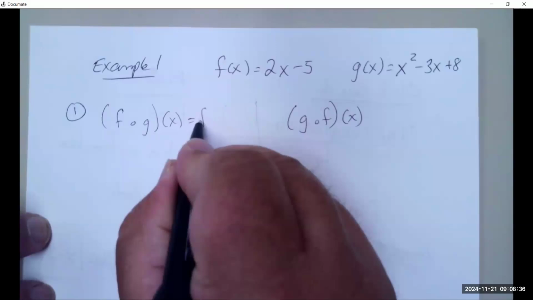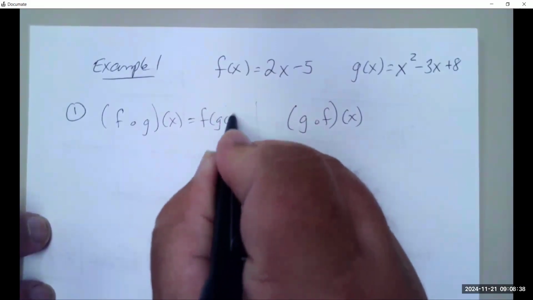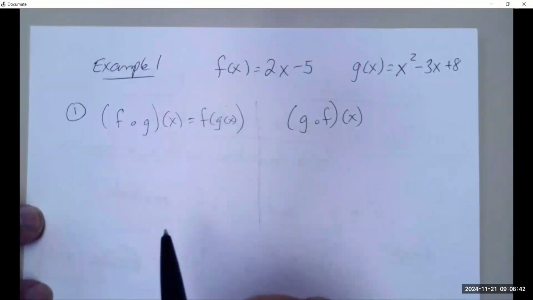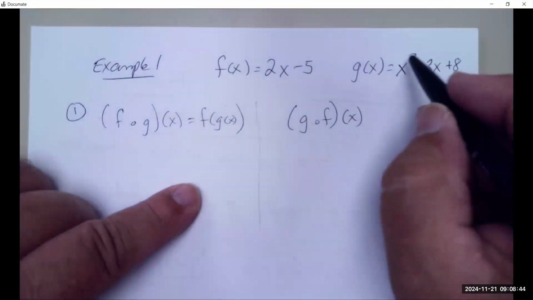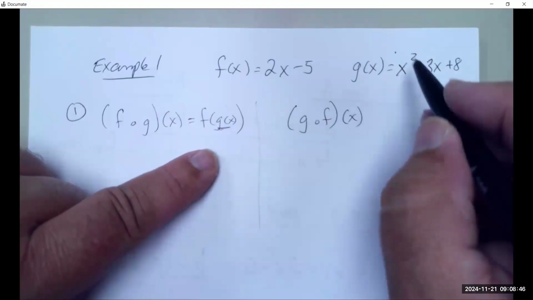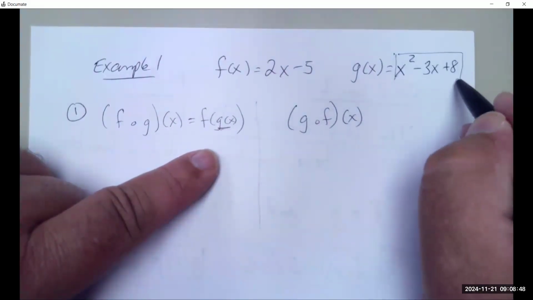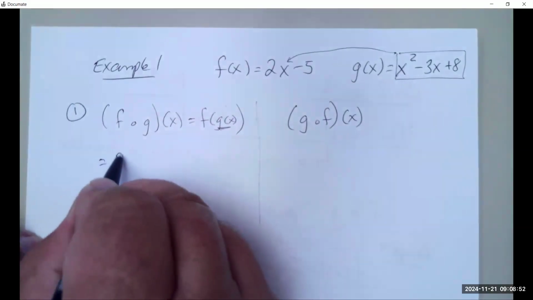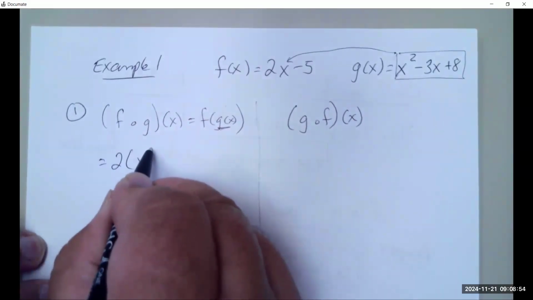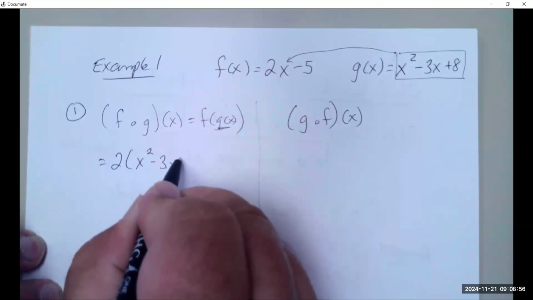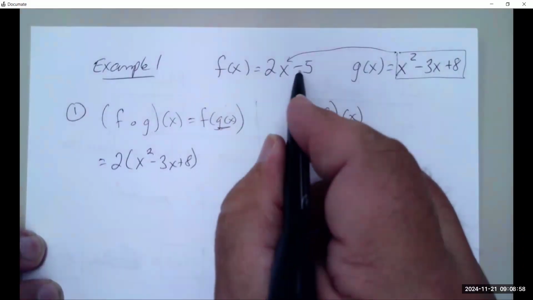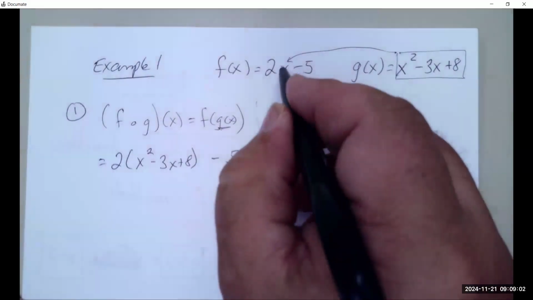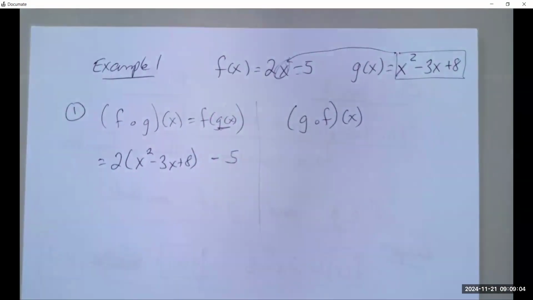So knowing what this means, it's f of g of x. Since g is the inside, I take the equation of g, and anywhere I see an x, I put it in there. So it's x squared minus 3x plus 8, then minus 5. All I'm doing is replacing that function inside of x.